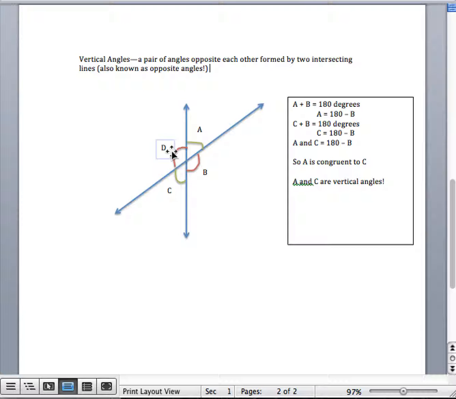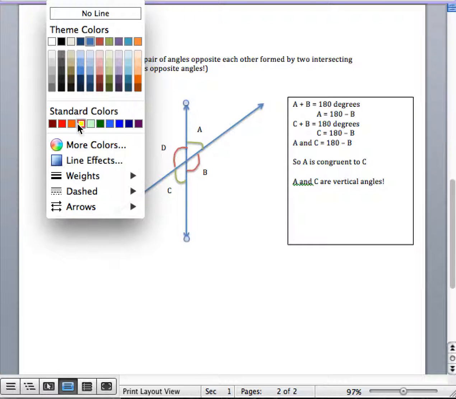Now, the concept of vertical angles means that A and C are technically the same measurement, like they're the same degree. So we can prove this by looking at the lines themselves. So we know that a straight angle like this line is 180 degrees, and we'll color it just so we can get a good idea of what we're talking about.